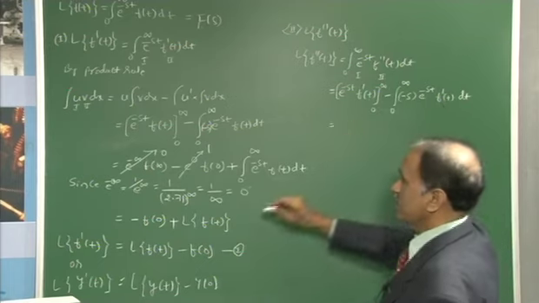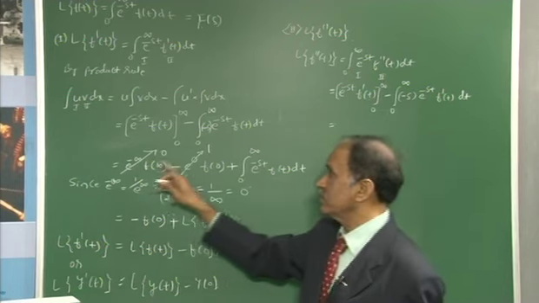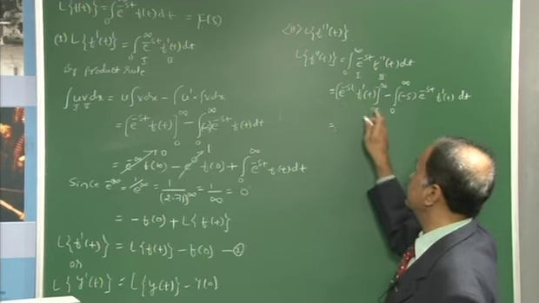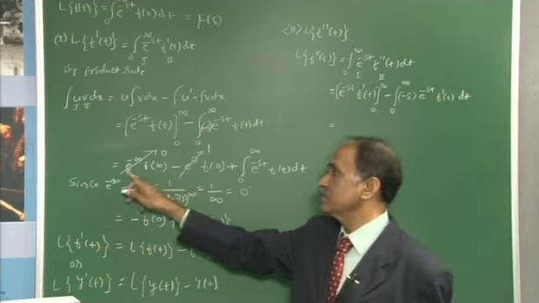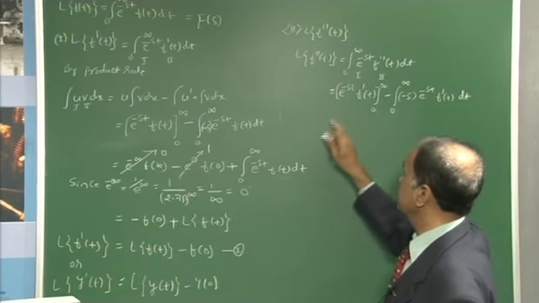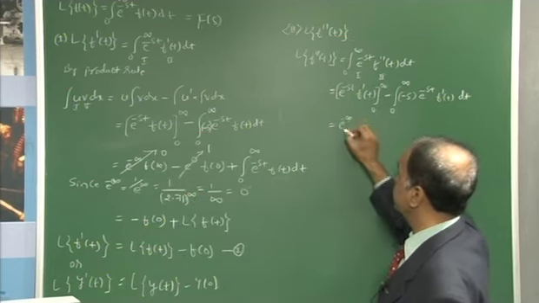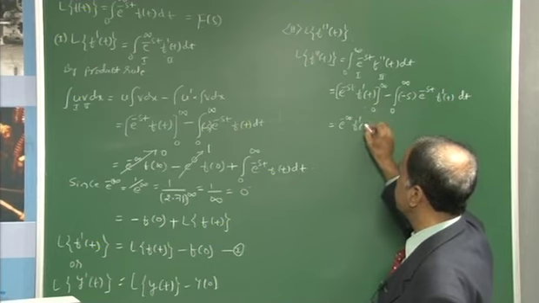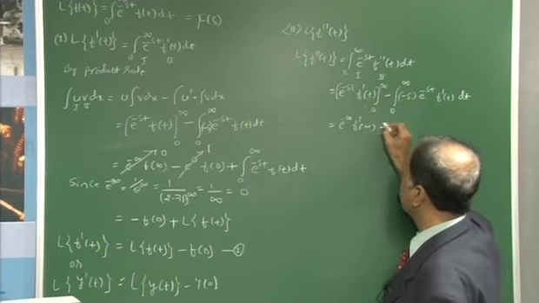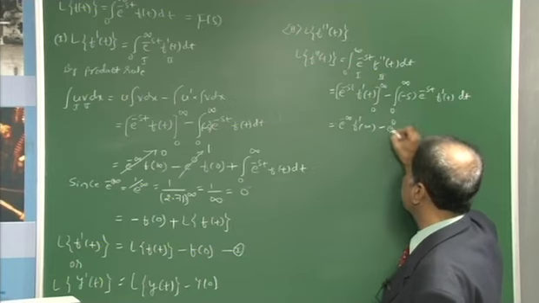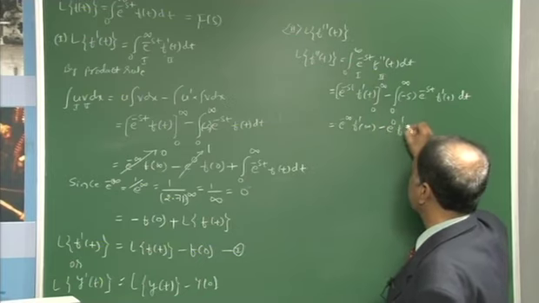Now, already I told you that when you replace t by infinity and t by 0, it is e to the power minus infinity and f dash of infinity, and for the lower limit e to the power 0 into f dash of 0.